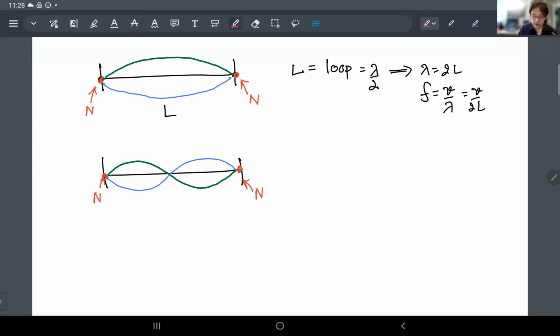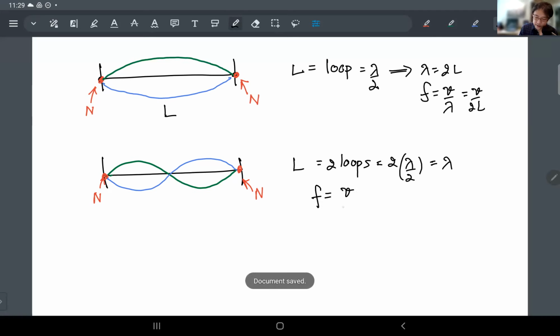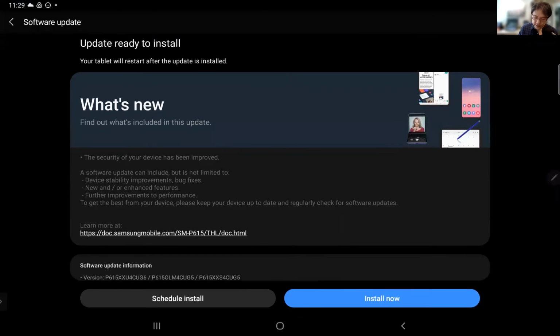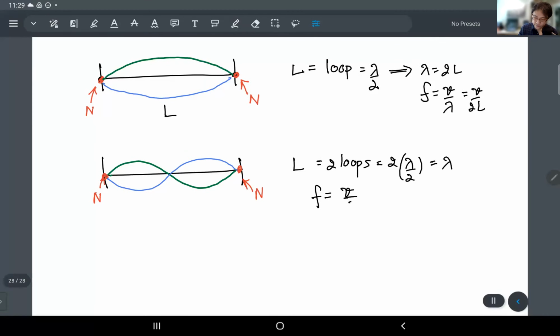In this case, the length of the string is 2 loops, so it's 2 times lambda over 2, which is lambda. So the frequency is just V over lambda, and lambda is equal to L, and that's it.